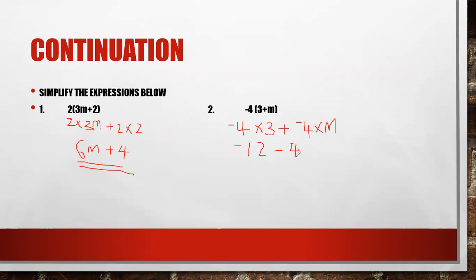For m. Okay, what happened to the plus Gilbert? Okay, sorry, that was Brian. What happened to the positive sign Brian? Because some people may wonder where you got that negative from.